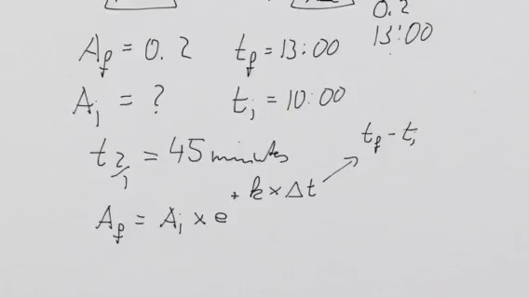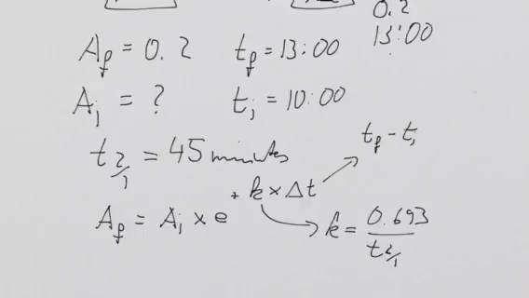Now, how do we get our k? Well, we know that k equals 0.693 divided by the doubling time.